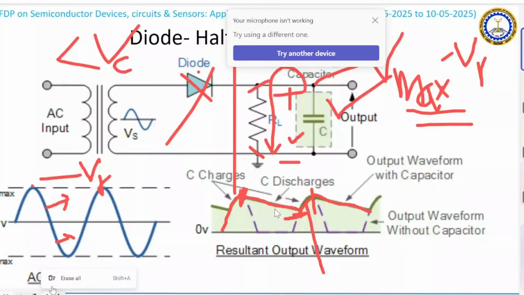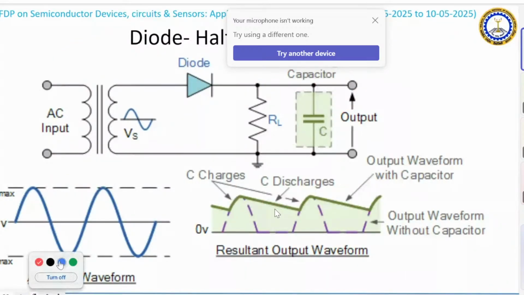Let me make it a little bit clearer. This red line is the diode on condition, here to here, everywhere. And the linear-looking portion, let me use a different color, this line is the diode off condition, where the capacitor discharges, and we take the output across this RL parallel combination.